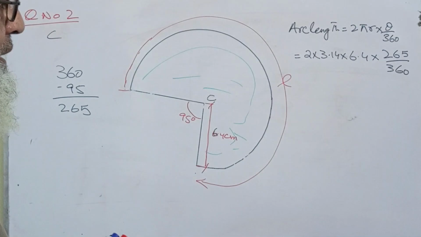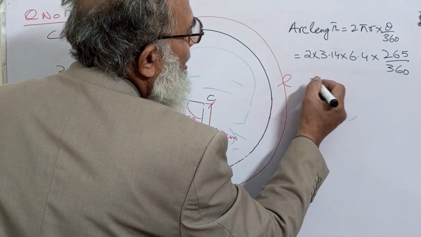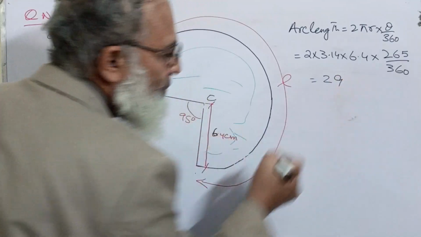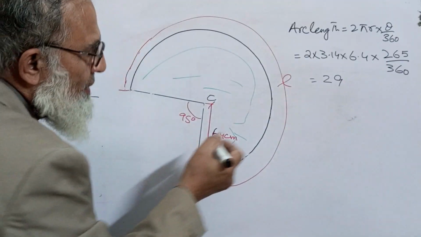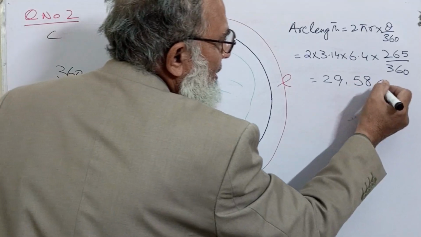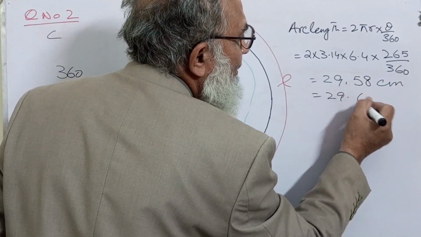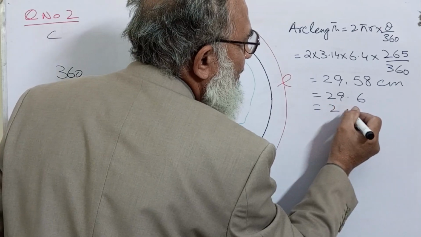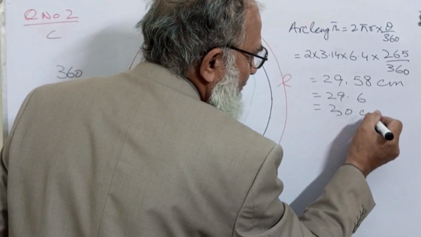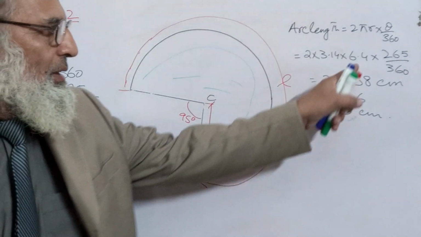If you simplify it, it will become 29.6. Exactly, it is coming this, or you can write it 29.6, or you can even write it 30 centimeters. See how rounding is done.